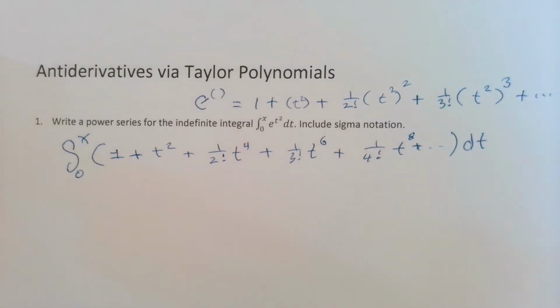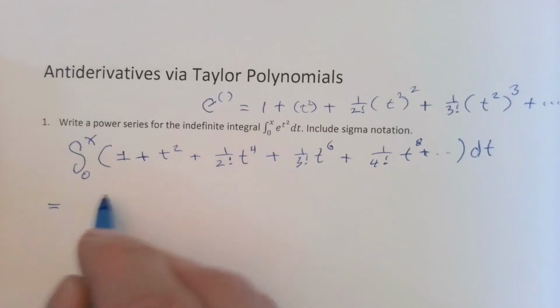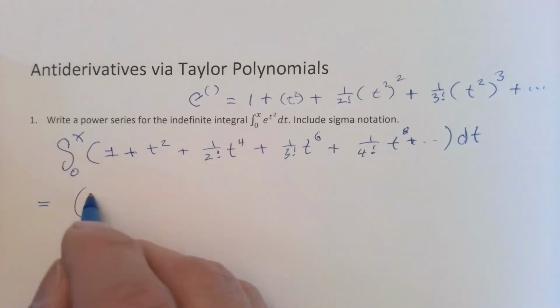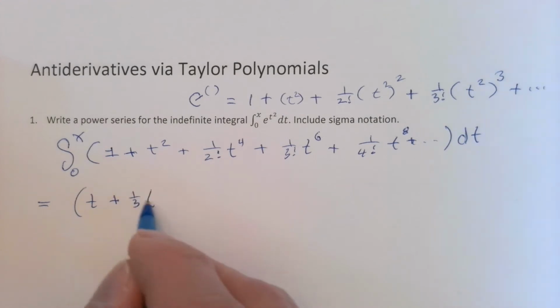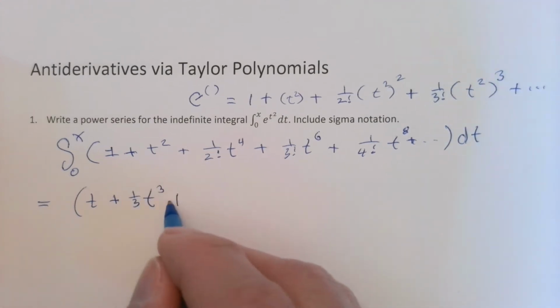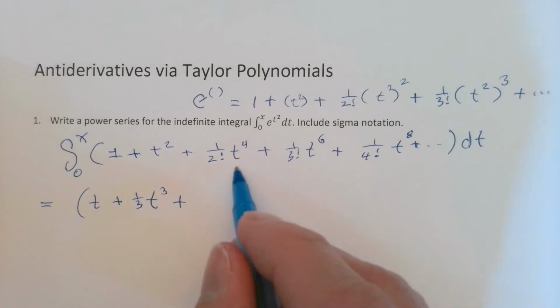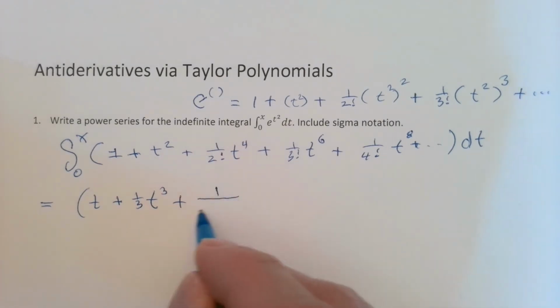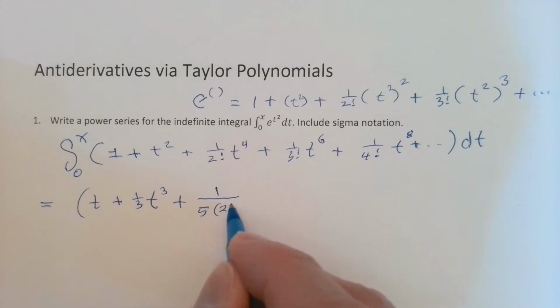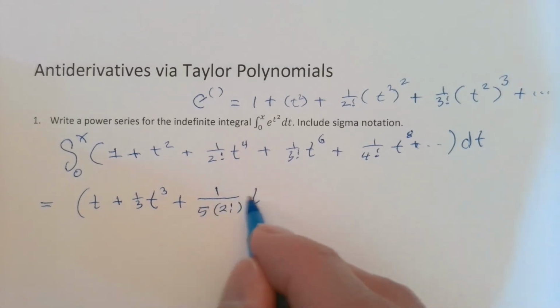Okay, so now we can apply the fundamental theorem of calculus and term by term just take antiderivatives. And so that would look like this. Antiderivative of 1 is t. The antiderivative of t squared is 1/3 t cubed. The antiderivative of t to the fourth will go up to t to the fifth, so I'm going to have to divide by 5, as well as I have a factorial of 2 down here.